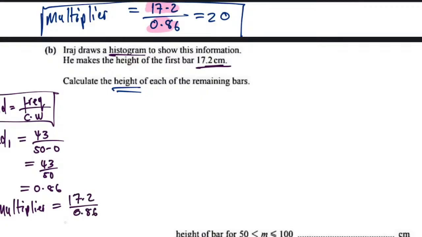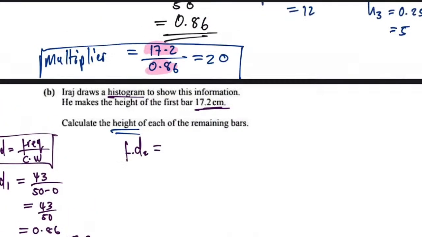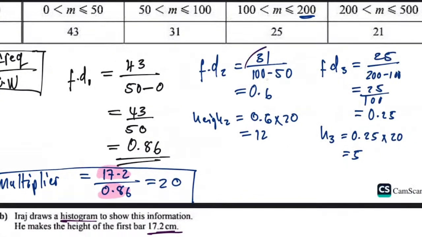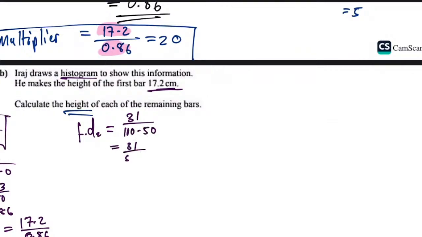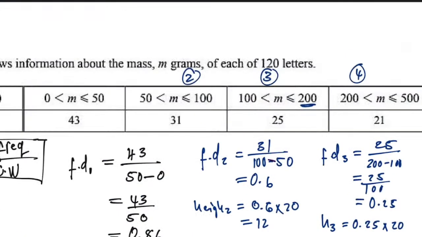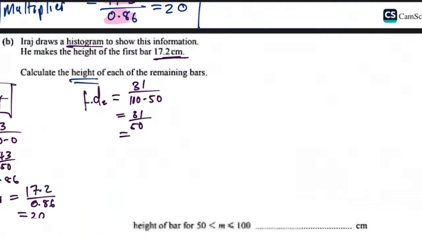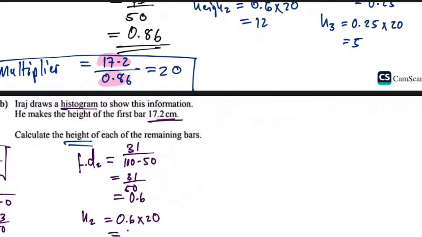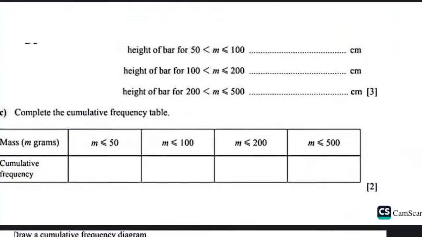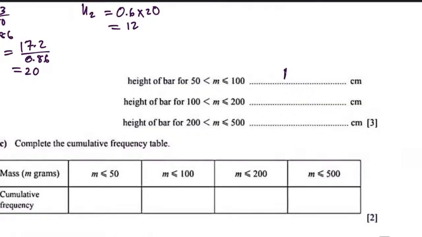So now the frequency density for the second one: again the frequency over class width. 31 over 100 minus 50, which is 31 over 50, which became 0.6. Then the height for the second one is 0.6 times 20, which is 12. So for the second one, the height is 12 centimeters for 50 to 100.